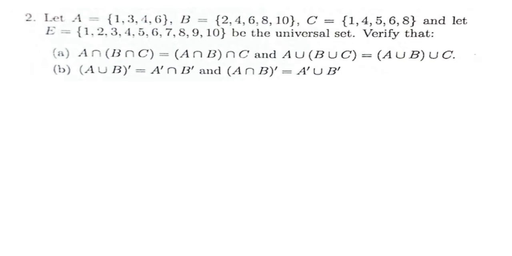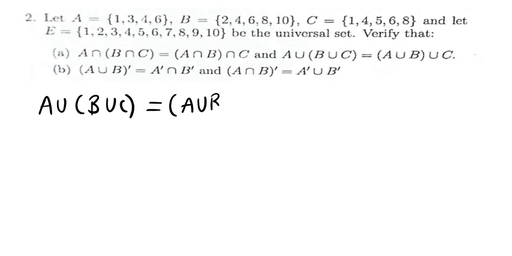Here we've got A union B union C is equal to A union B union C. Basically this is what we have.